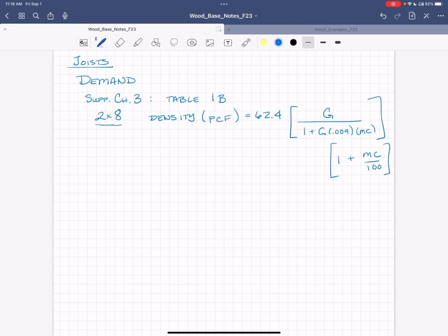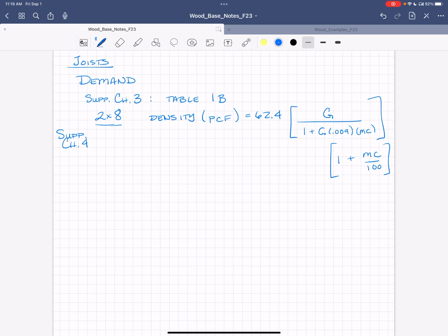Table 4A is in chapter 4 of the supplement, and chapter 4 is the reference design values. And 4A is for visually graded dimensional lumber, everything but southern pine. So we've got something that's not southern pine.